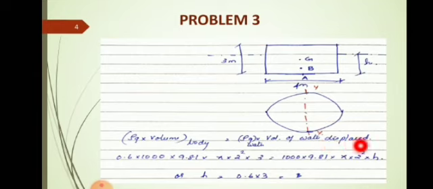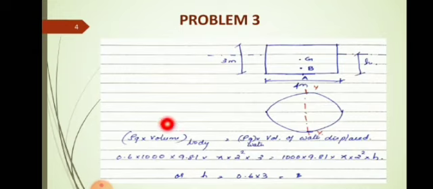Pi into 2 square into h, where h is the depth of immersion, because we have to find the volume of the water displaced. So from this equation, h is the only unknown and you can easily solve for the value of h.